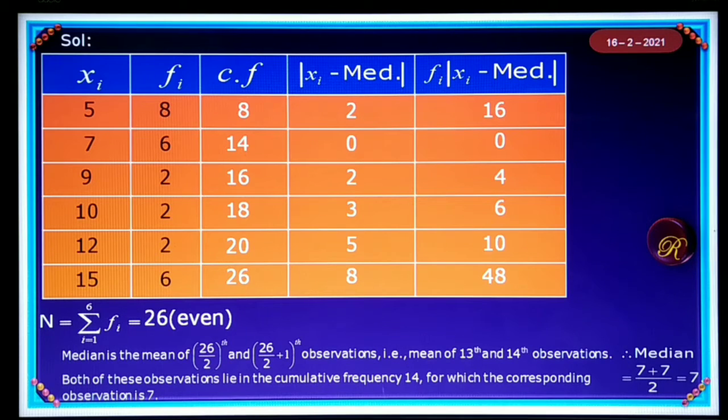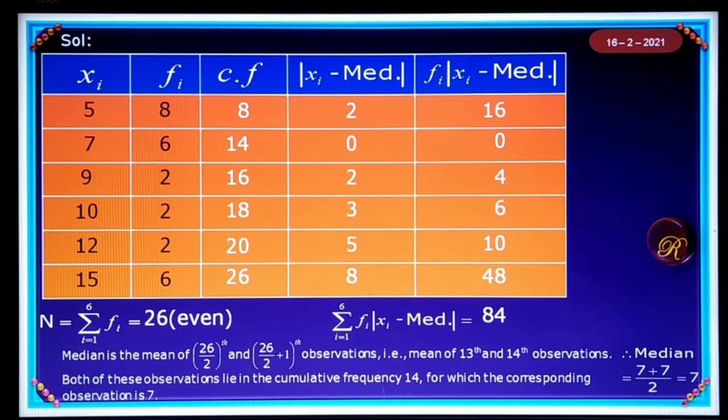Sum of these values can be taken as summation of fi into absolute value of xi minus M, that is 84.